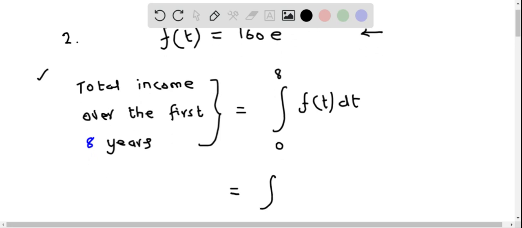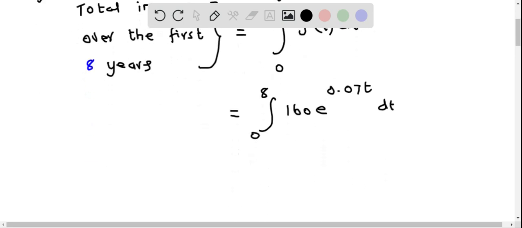So let's put this f of t into the integral expression. Therefore this becomes the integral from 0 to 8, f of t is 160 e raised to the power of 0.07t, and then we put this dt. Now I'm going to factor the 160 out of this integral. So this becomes 160 times the integral from 0 to 8 of e raised to the power of 0.07t dt.